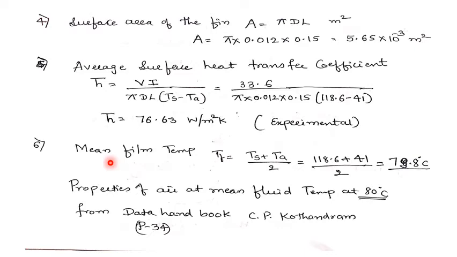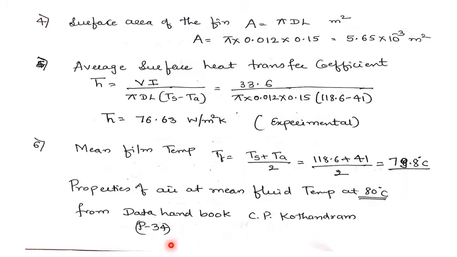So now let us assume the mean film temperature, that is TF is equal to TS plus TA divided by 2. So my average surface temperature is 118.6 plus 41, the air temperature, that is the ambient temperature, divided by 2. So the average is 79.8 degrees centigrade. So nearly at 80 degrees centigrade, from the data handbook, that is CP Kothandaraman, we'll note down all the properties of the air at this temperature.